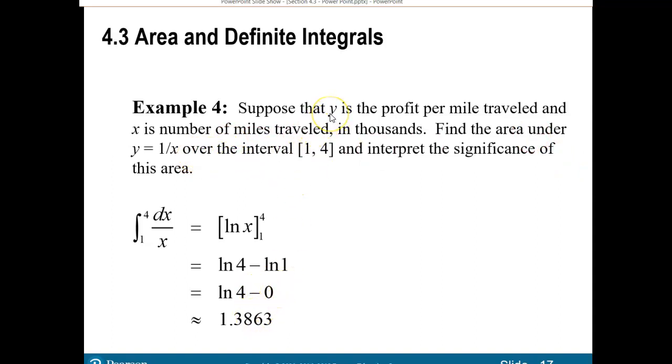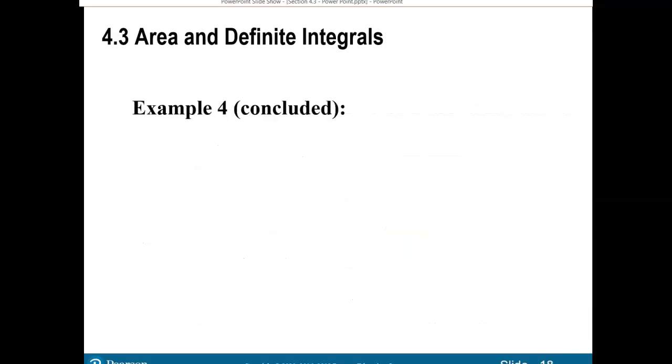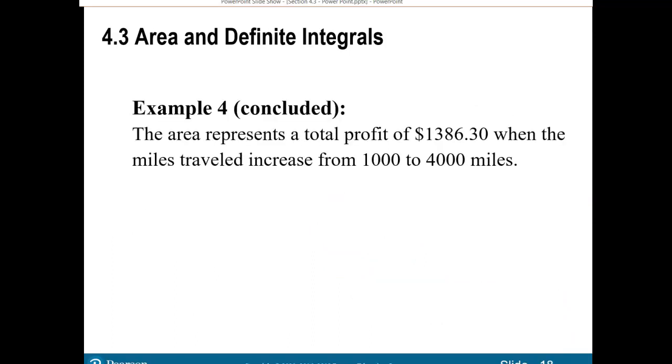Here it said y was profit per mile and x is the number of miles traveled in thousands. So interpret the meaning. This is the graph. There's my function. X is the number of miles traveled in thousands. Y is profit per mile. So this means that the area represents the total profit, in thousands.